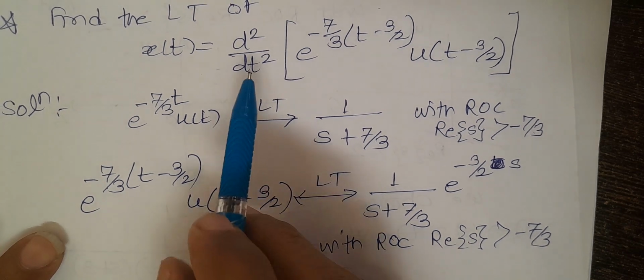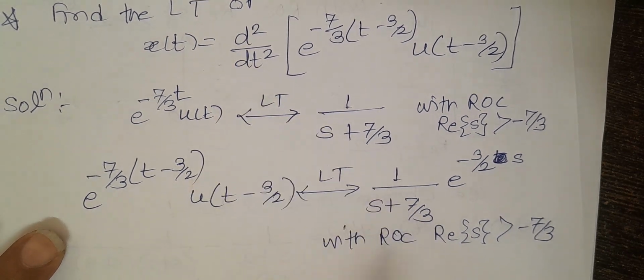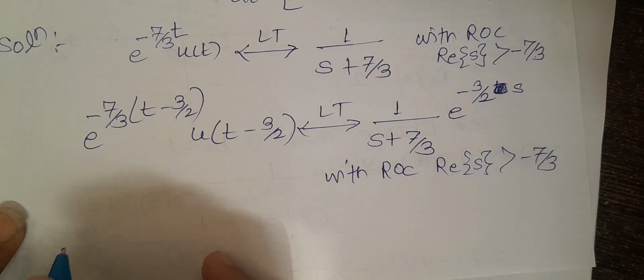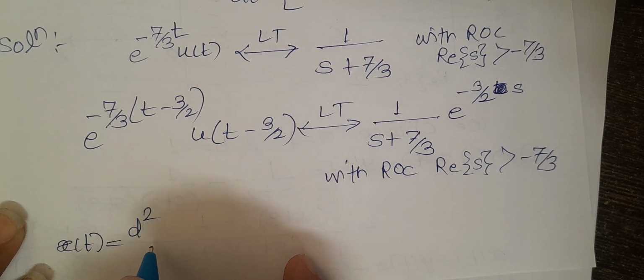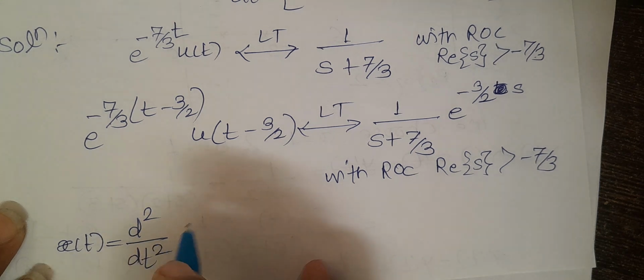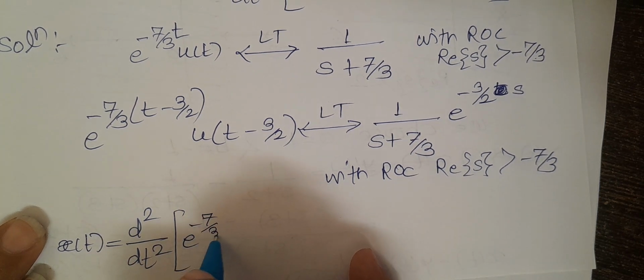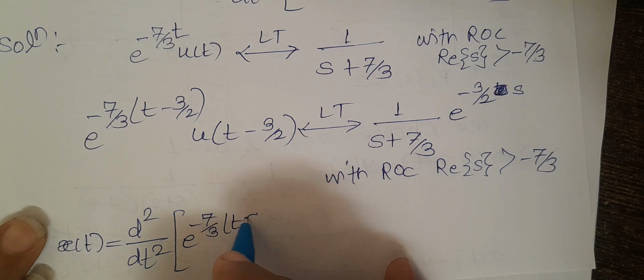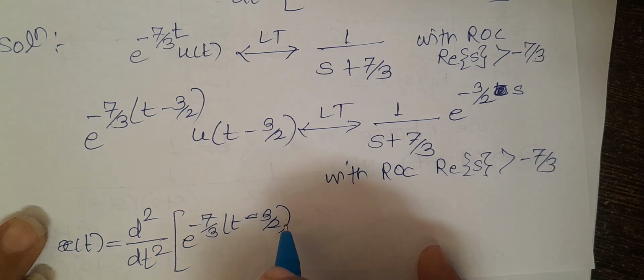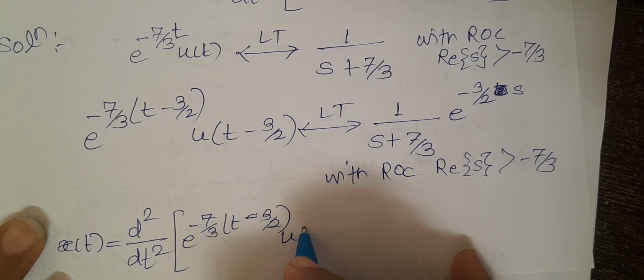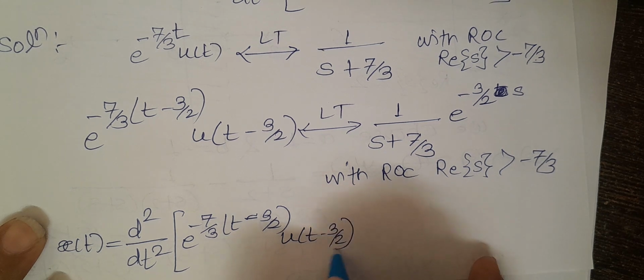Now we have to find the d squared over dt squared of x(t), which is e raised to power minus 7/3 (t minus 3/2) times u(t minus 3/2).